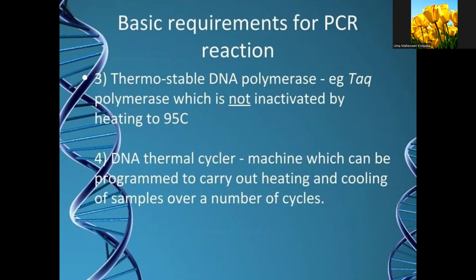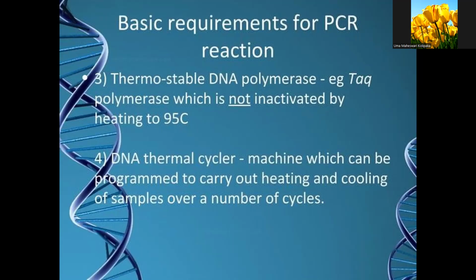So for this purpose, we are using the Taq polymerase enzyme. Otherwise, if you use any other enzymes that only have an optimum temperature around 35 to 45, when we increase the temperature, the enzyme will become inactive, or the catalytic activity will be reduced drastically, so that our intention will not be achieved.